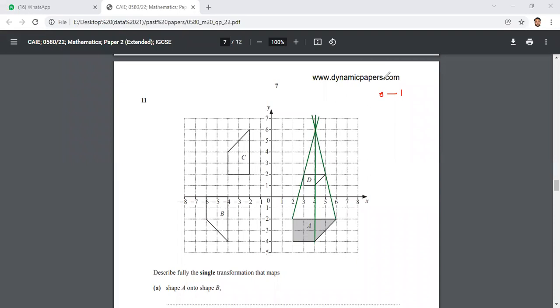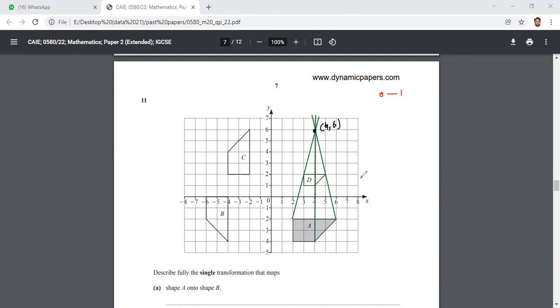Along the x-axis, it is 4, yes? Along the y-axis, it is 6. So (4, 6) is your center of enlargement.